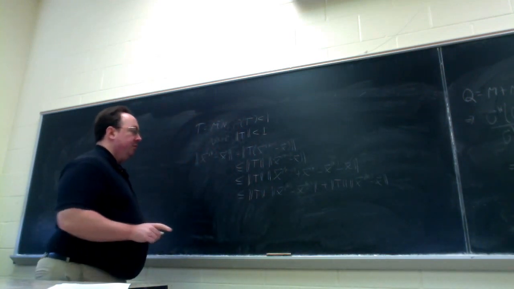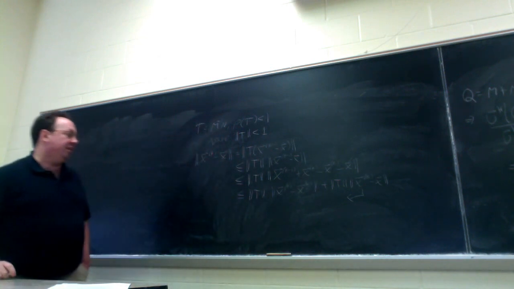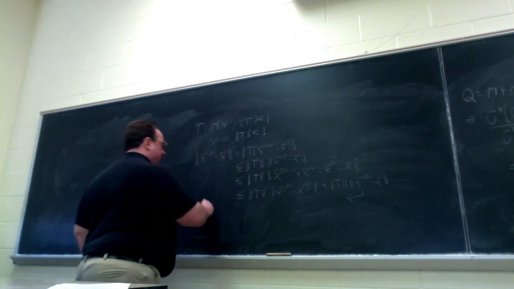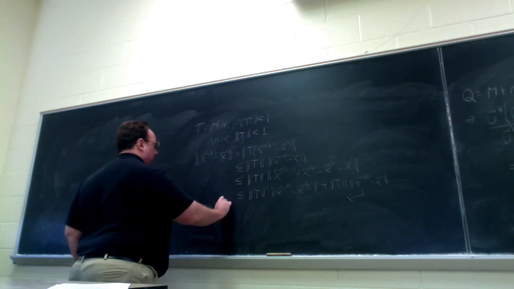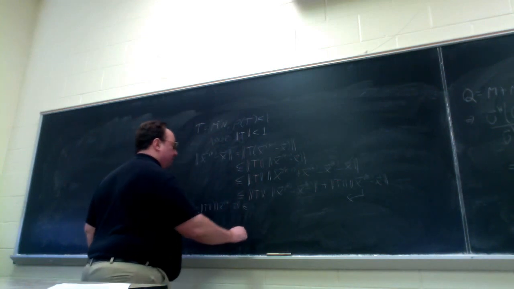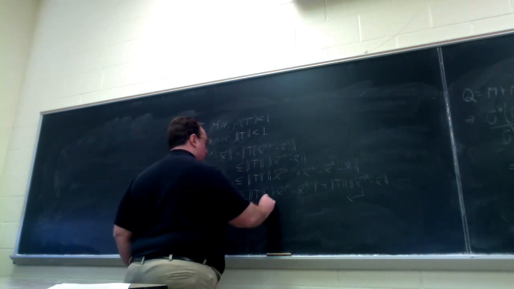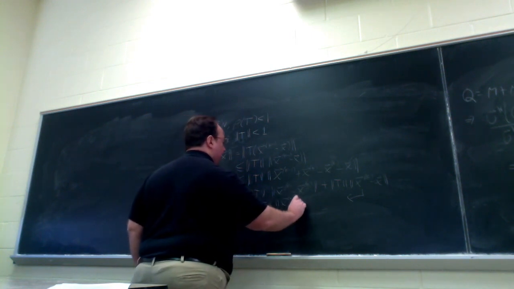But now what I can do is move this to the other side. So now I have 1 minus the norm of T times the norm of xk minus x less than or equal to the norm of T times the difference between my consecutive iterates.